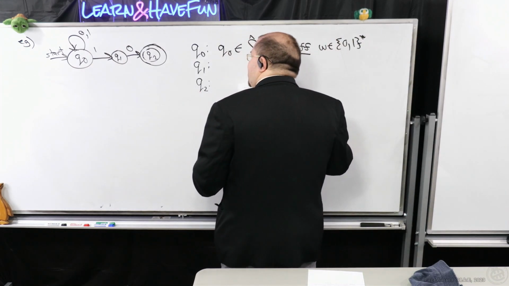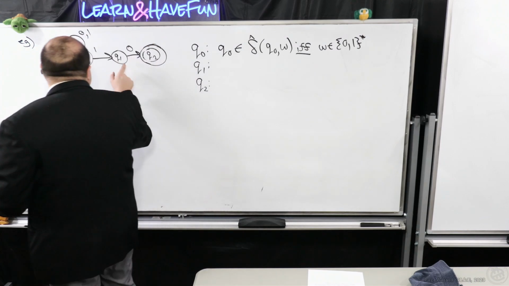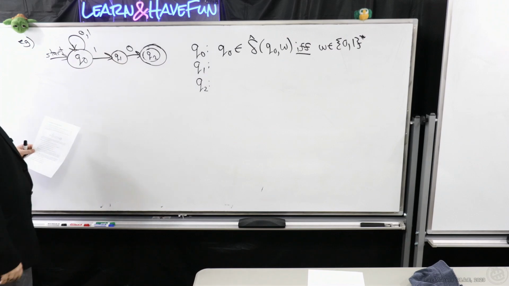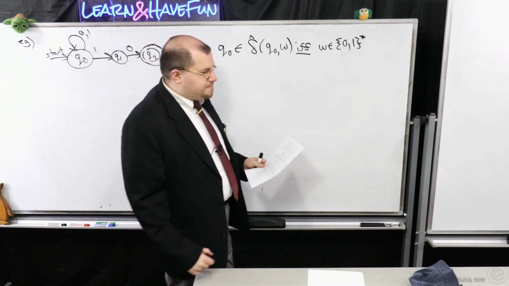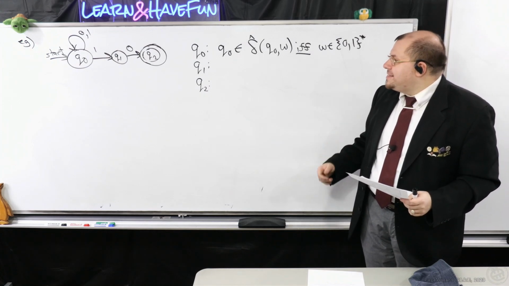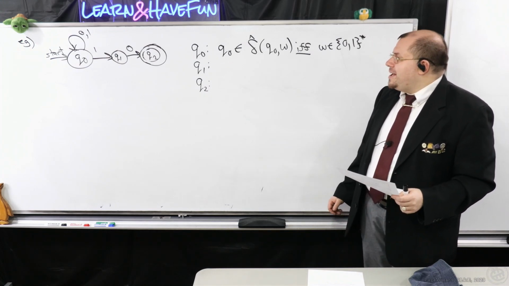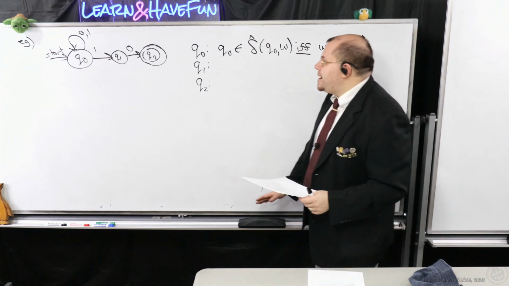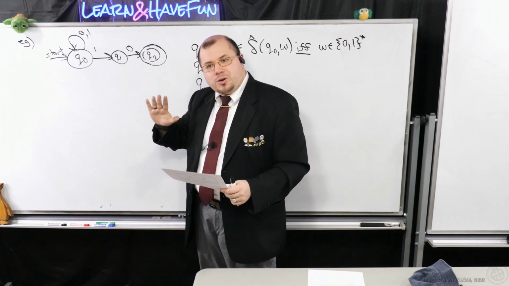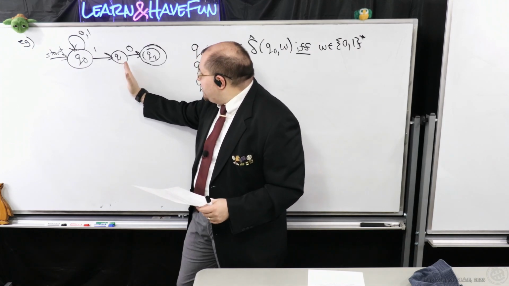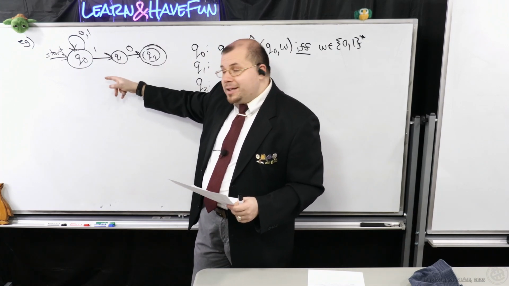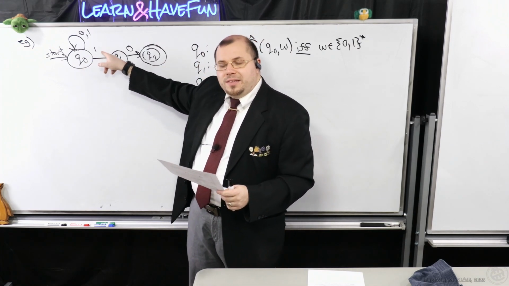How about Q1? What can I say about strings W? If I give you a string and you end up in Q1, what can I say about that binary string? Well, let's think about it. How did I get to Q1? Observe, and this is something that will come up in our proof, that the only transition into Q1, or even to remaining in Q1, is from Q0, and it's over this symbol.